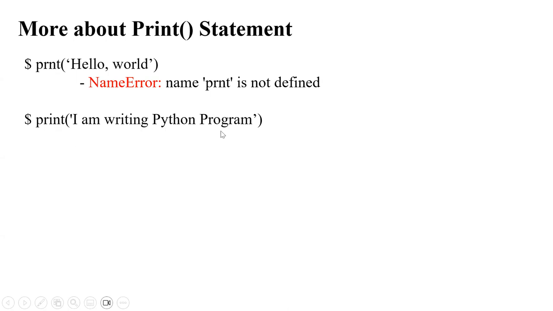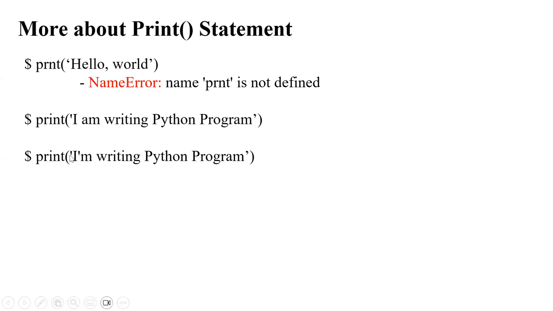I am writing the Python program. This is a normal print statement, but I would like to print like this. Is it a valid or an invalid statement? It is invalid. Why?